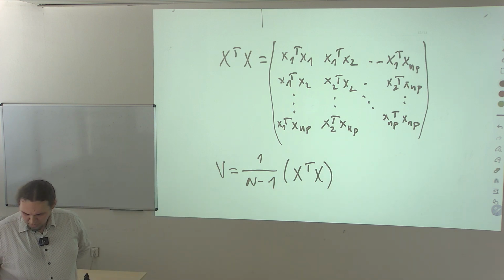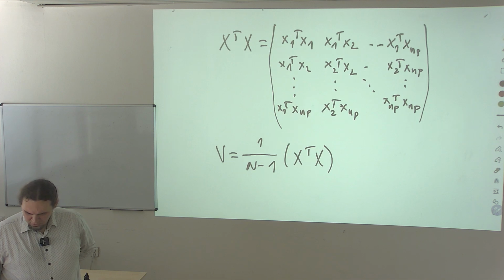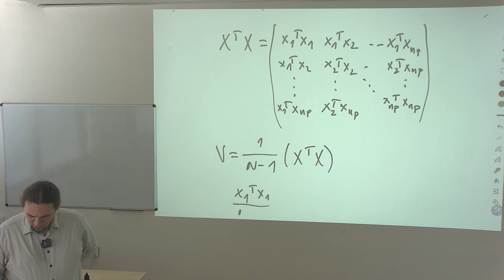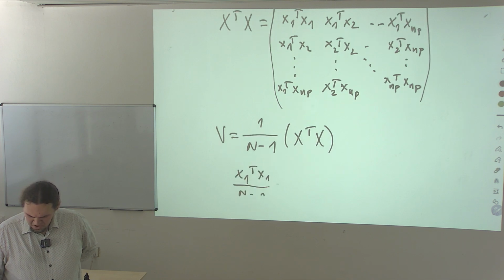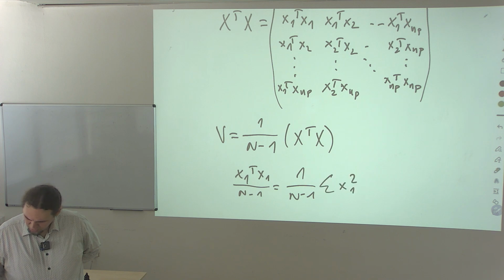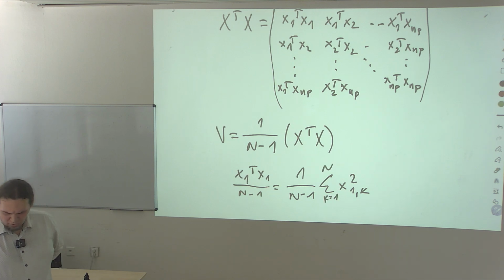But what would then be the term x1 transpose x1 divided by n minus 1? It is nothing else than 1 over n minus 1 times the sum of x1 squared, k goes from 1 to n.